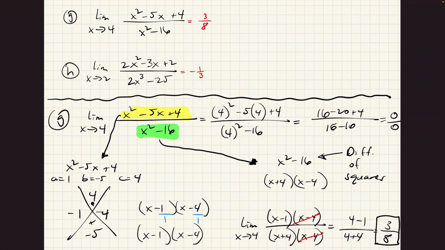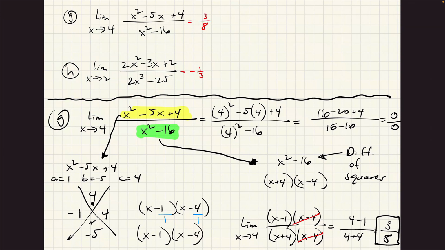Other ones are like x squared minus 4, x squared minus 9, x squared minus 25, 4x squared minus 25. You notice how all of these have a 1 there.